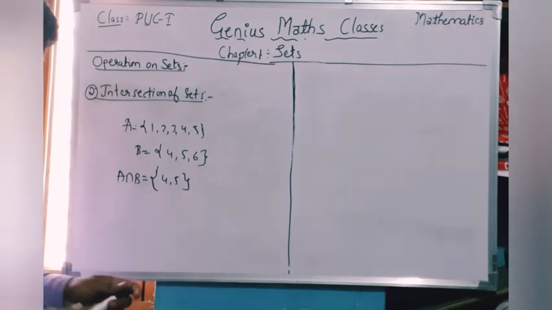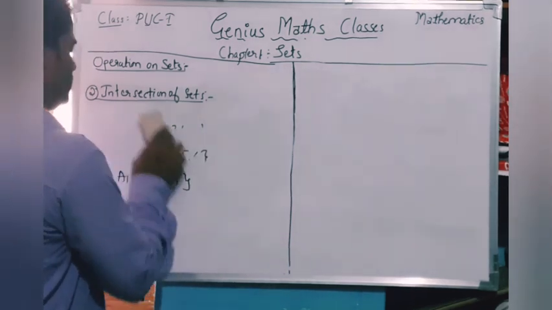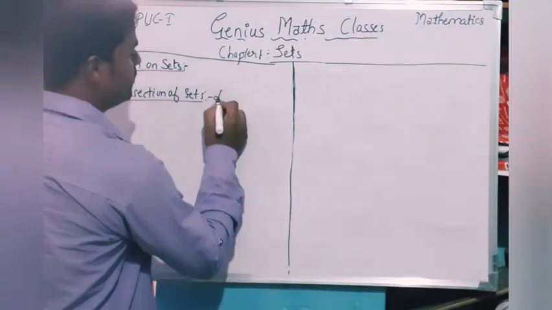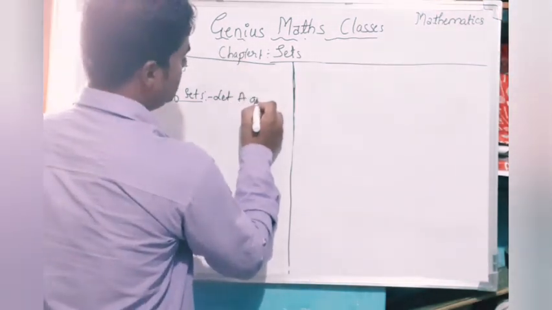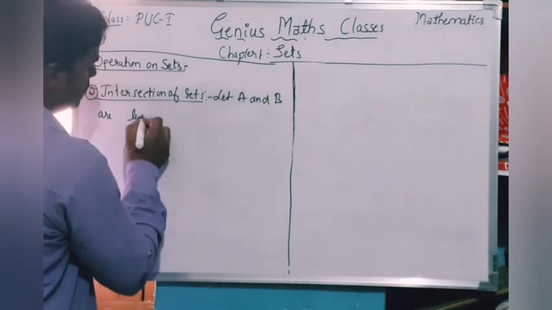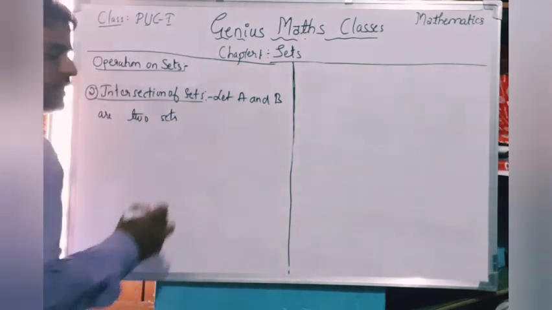So the definition is: let A and B be two sets.